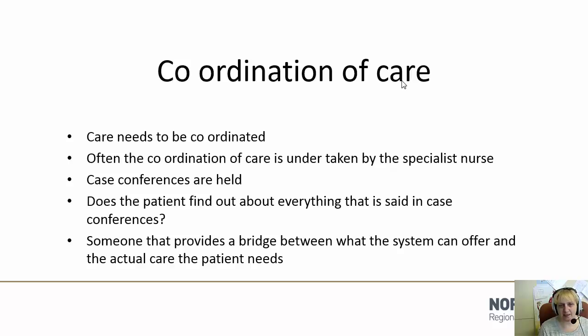So ideally, you would have someone that could provide a bridge between what the system can offer and the actual care the patients need. Now you will find that some patients require what's called an advocate, and you can look up for your distinction grades the word advocacy.